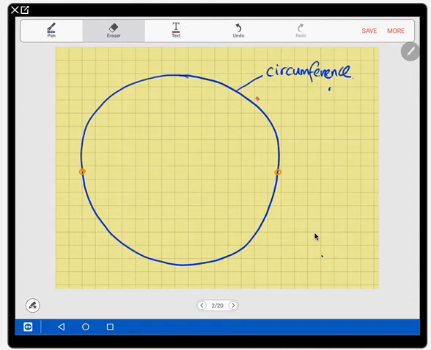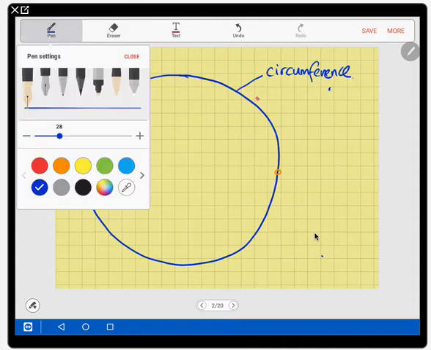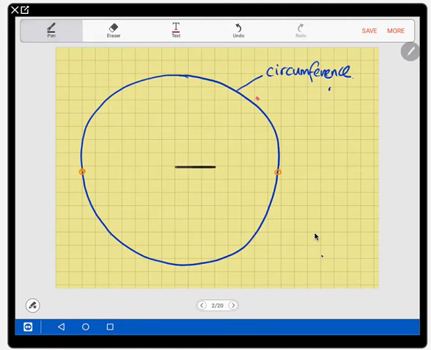All right, next, if I start from the center here and I draw two lines here, instead of having a chord, now I have two radii here.